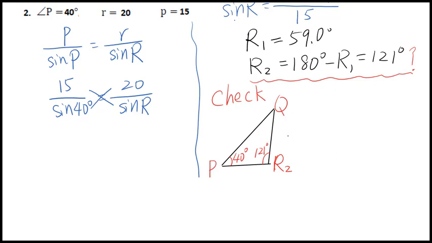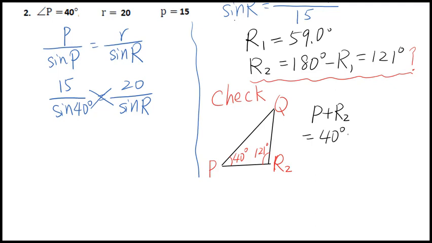We will add P plus R, make sure it's less than 180, because the sum of all angles in a triangle is 180.